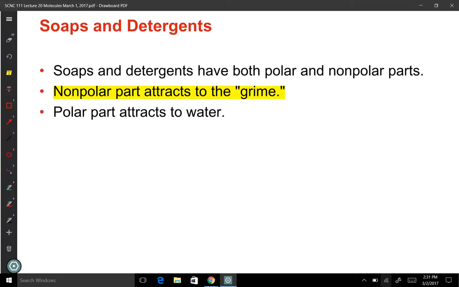Okay, soaps and detergents. I think this is cool. I actually spent probably an hour on these last few slides because I thought it was pretty cool. So, what does soap do for you? Clean stuff. How is soap traditionally made? With animal parts.